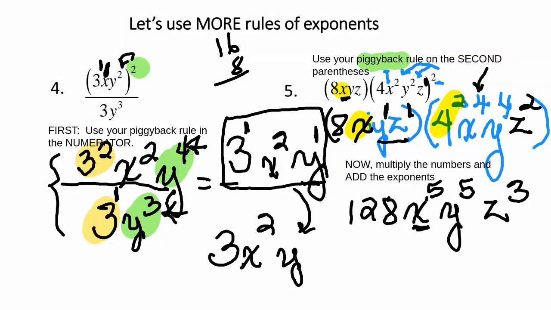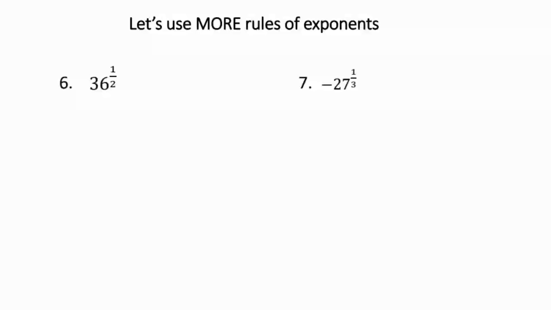Now, let's look at this one. Okay. Fraction exponents. Now, this 2 is understood to be the index right here. And therefore, I have 36 to the power of 1.